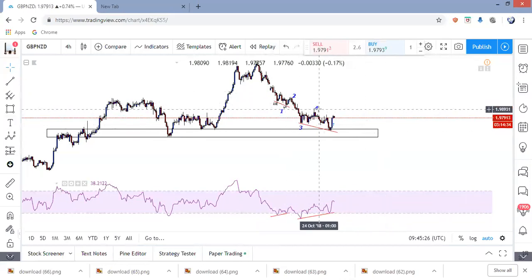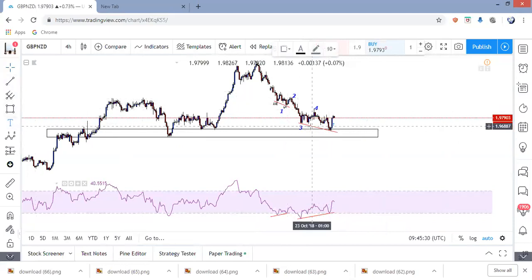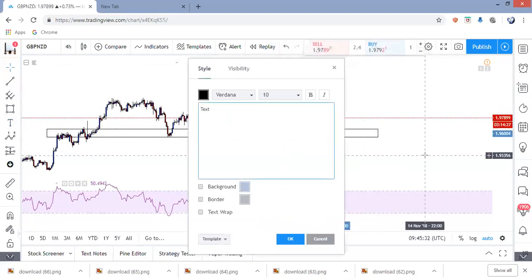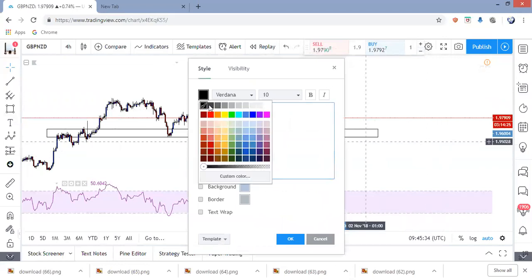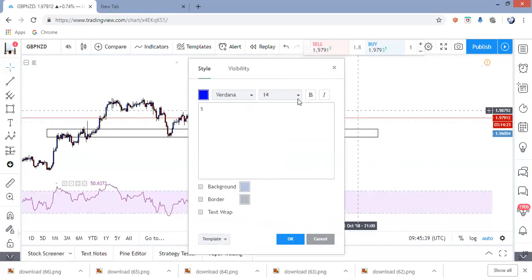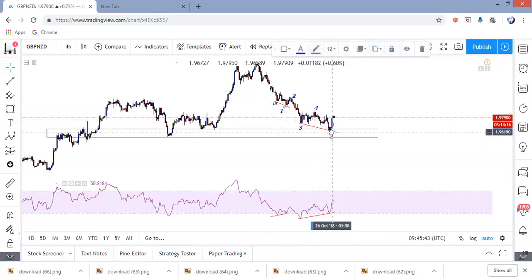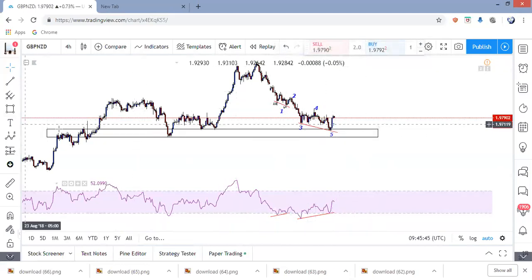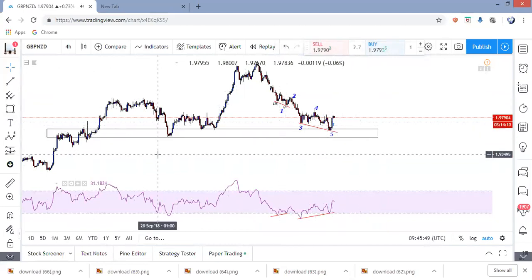So it's very good. Wave 4. And then we go to wave 5. We get our wave 5 at the bottom, right at our demand zone. So we're expecting this to move up.